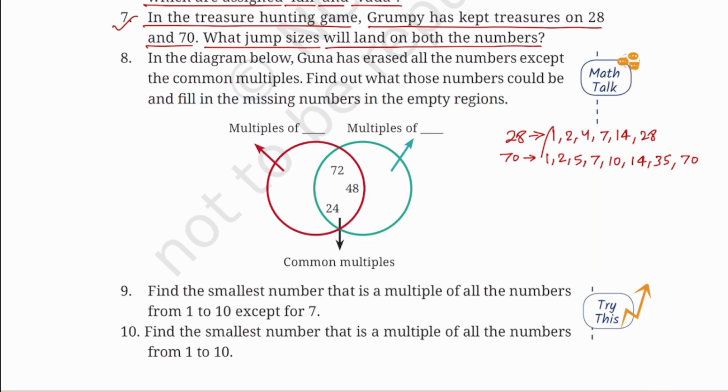Common factors: 1, 2, 7, 14. If 1, 2, 7 or 14 are chosen as jump sizes, then it is certain that treasures kept at 28 and 70 will be plundered.